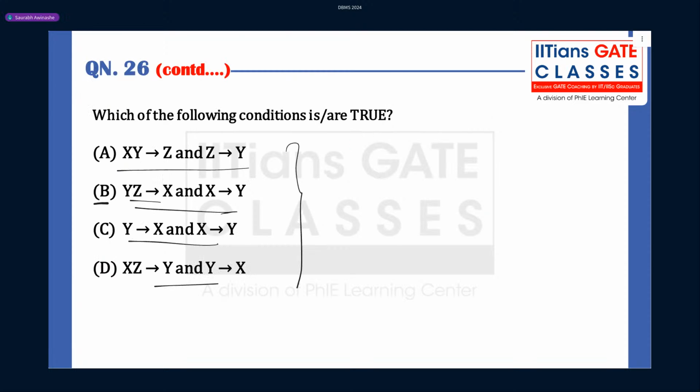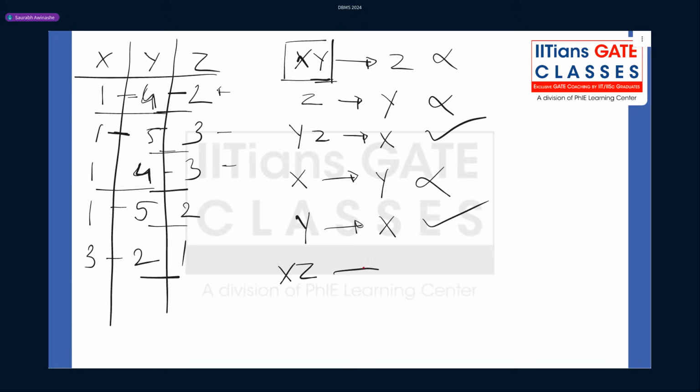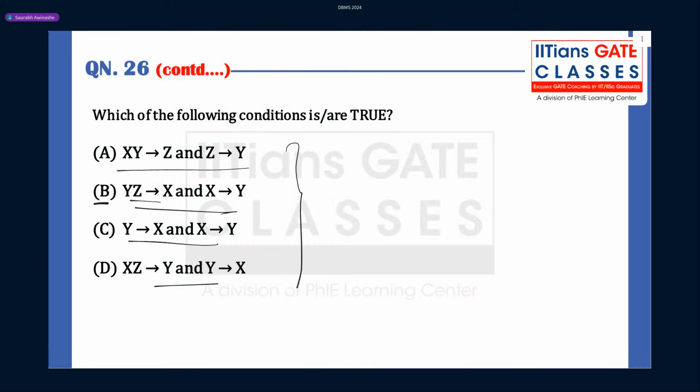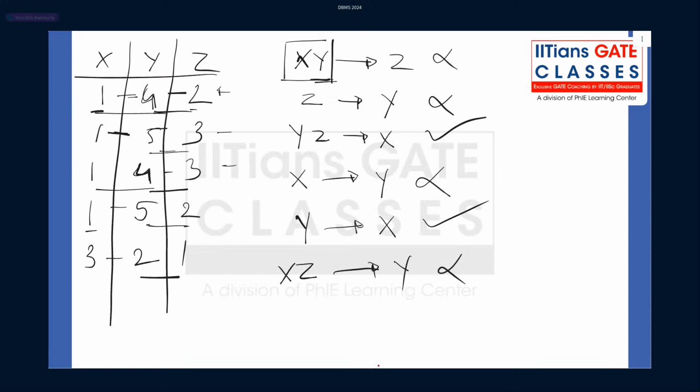Let's look at option D. xz derives y. So 1 2 derives 4 and 1 2 derives 5. So xz gives y does not hold. And y gives x, we have seen that it holds.